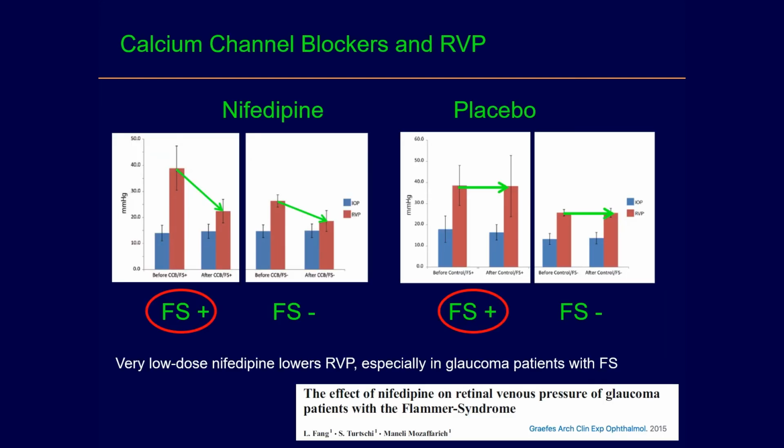Feng et al. showed that while placebo had no effect, a low dose of nifedipine significantly reduced retinal venous pressure in glaucoma patients, especially in the group that had both glaucoma and Flammer syndrome.